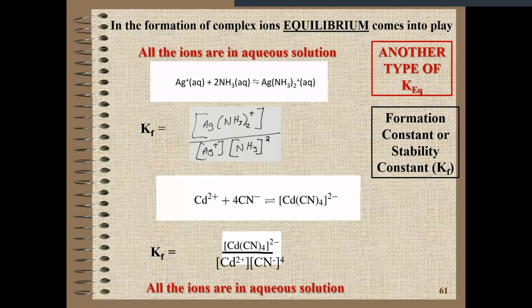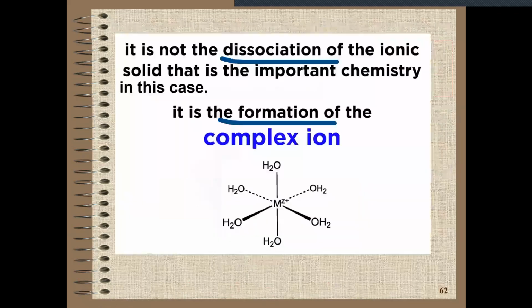Okay, let's see here, 62. So instead of breaking apart, we're putting something together and forming the complex ion. Could one of you tell me what's the coordination number of this particular complex ion? 6. So very easy. You got it.